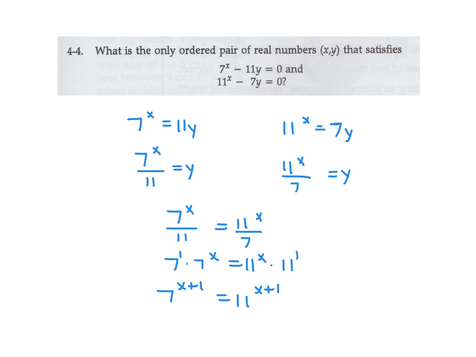Okay, well the bases are not the same, so the only way that could be possible is if the exponents were 0, meaning this is 0 and that's 0. And therefore both would end up being 1. 7 to the power of 0 is 1, 11 to the power of 0 is 1. So if both of those are 0, that means x plus 1 is 0. That means x is negative 1.